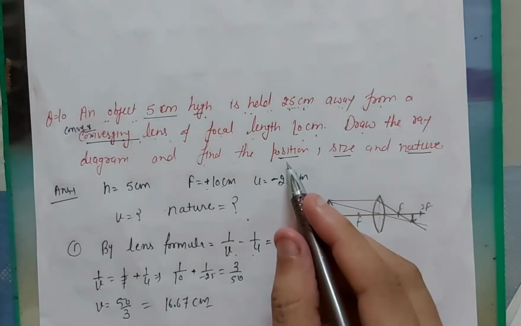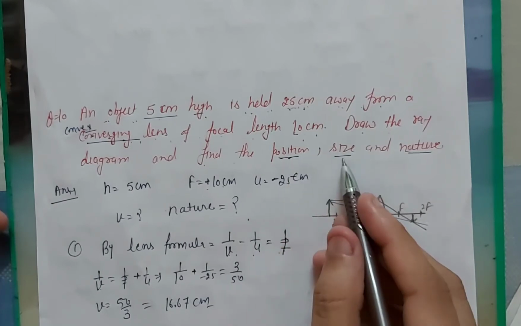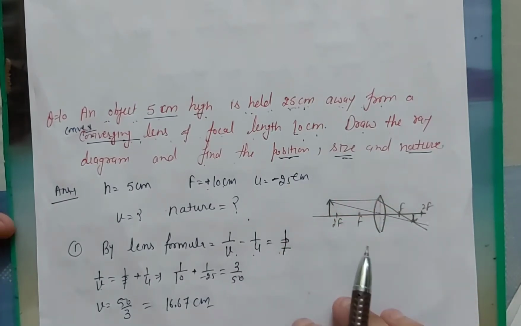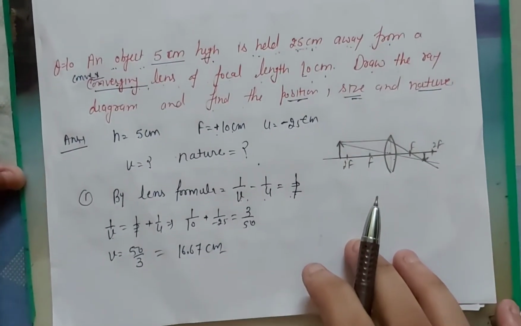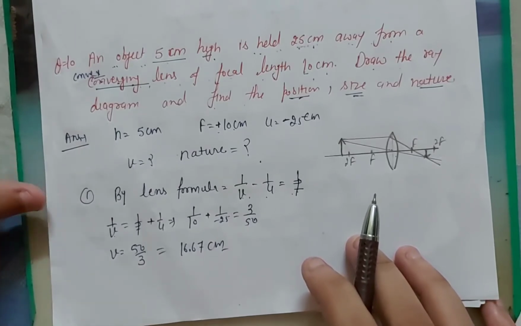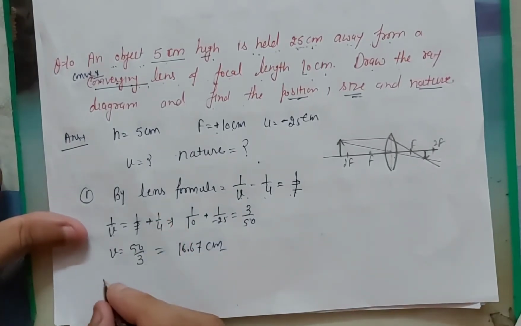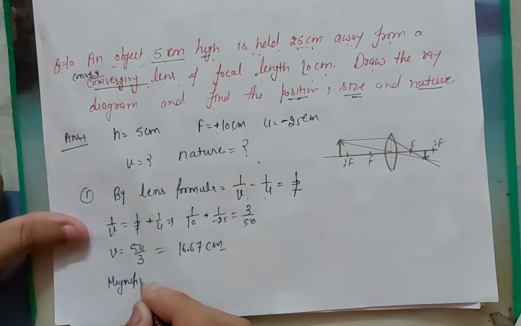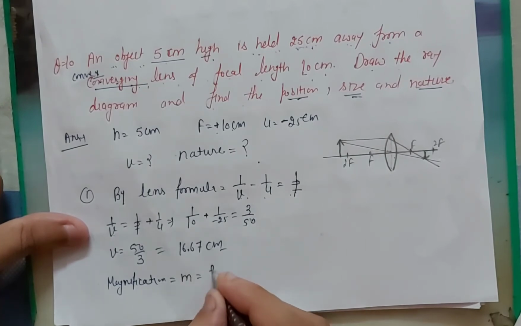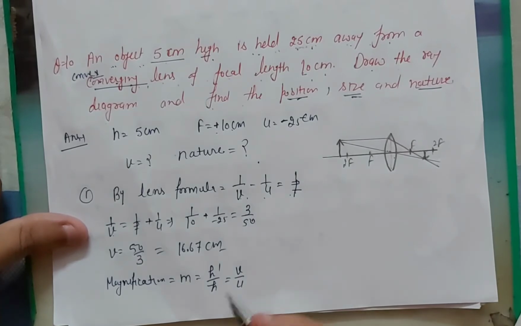Now what is the size? How can we find the size? We can find it with the help of magnification. What is the formula of magnification? m is equal to h dash divided by h, equal to v divided by u. We have the values of h, v and u, so we can easily find the value of h dash.